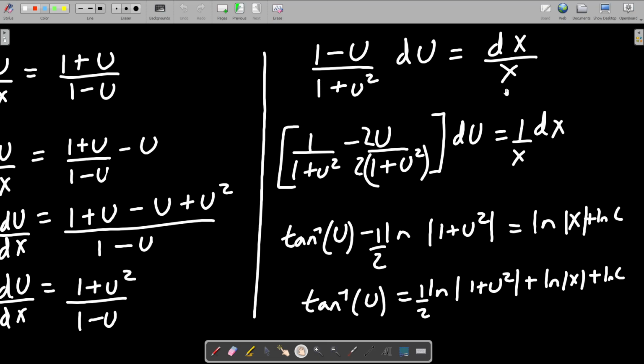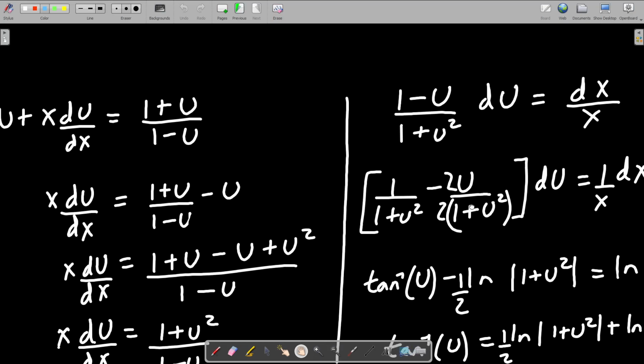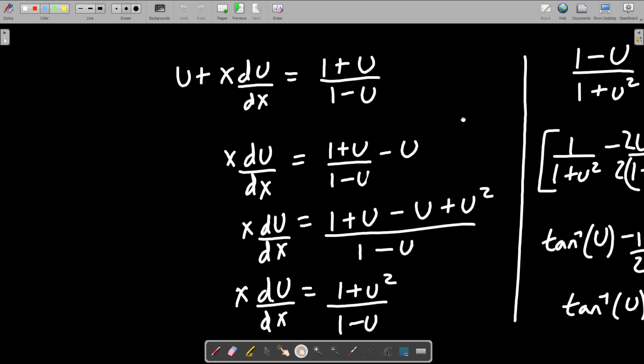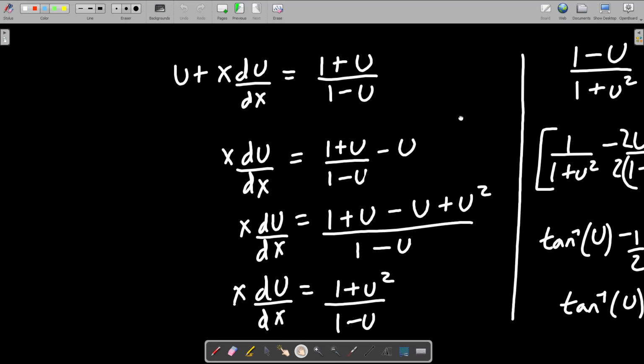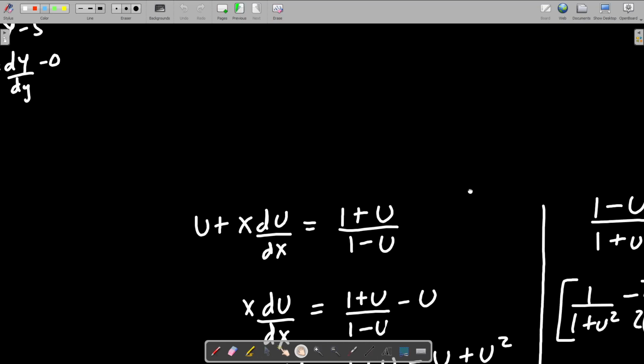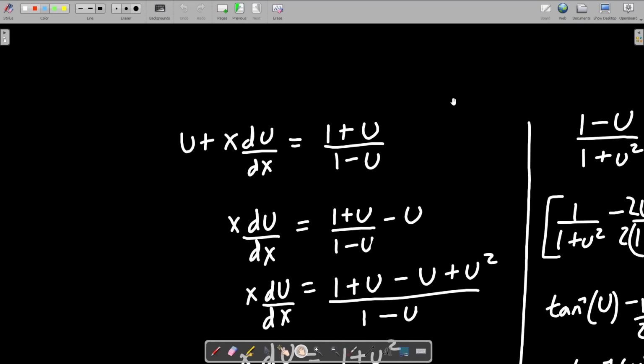Oh, I made a mistake while solving that. Hey, this one we solved correctly. Oh, is it the same differential equation? No, it's not the same one.